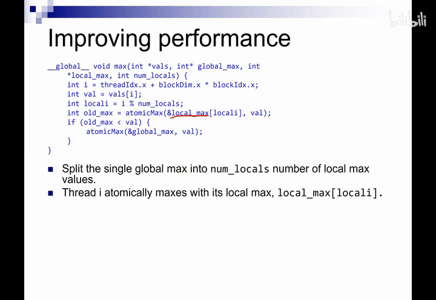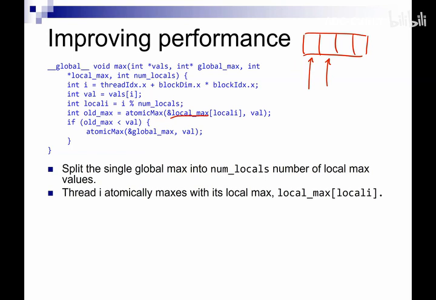To give an example of this, suppose we make local max an array of 4 values. Then we're going to have one set of threads accessing this part of local max, and another set accessing different parts of local max.